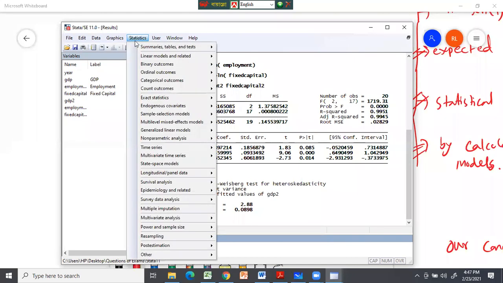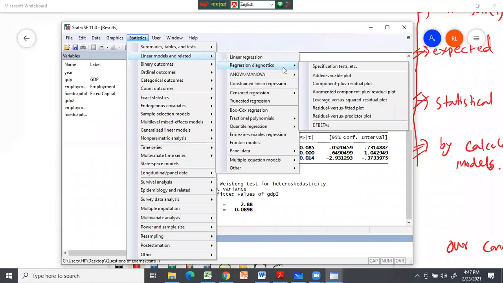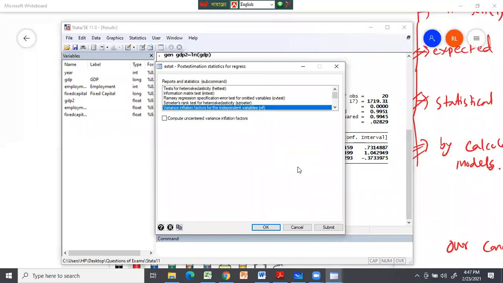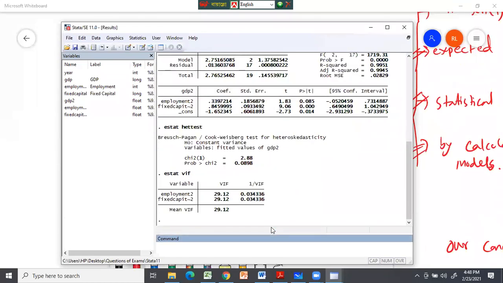So this is one diagnosis test you can do. Another one is the multicollinearity test, for which you can calculate the variance inflation factor for the independent variables. So the VIF value is given, and it's very high. Can you see? Mean VIF is 29.12. So the model suffers from the problem of multicollinearity. I told you that the standard benchmark for the VIF test statistic is 5.